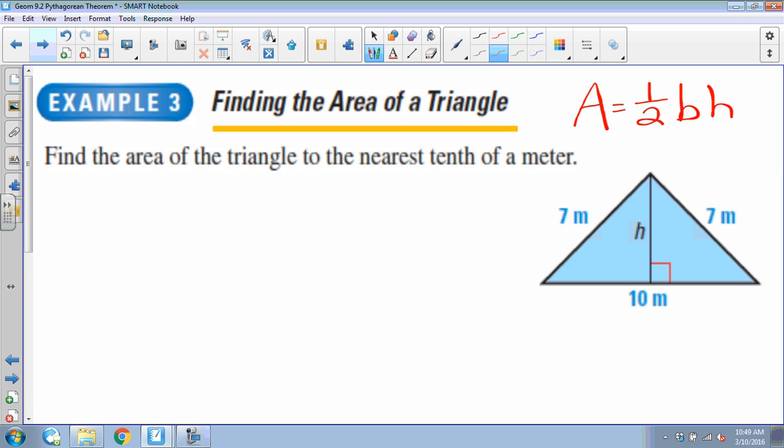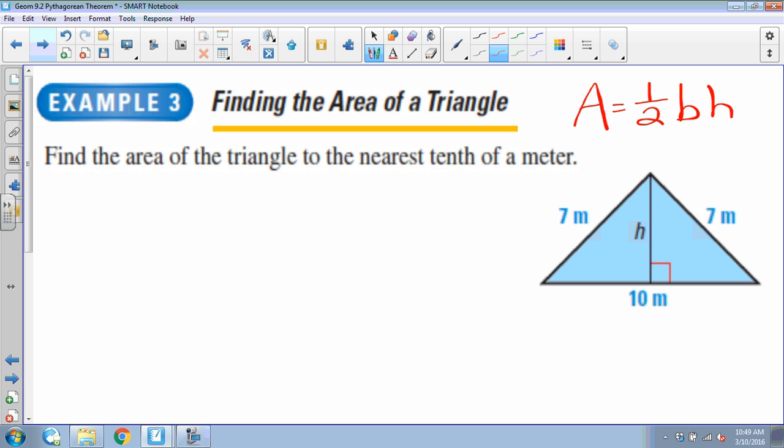Do y'all remember why? Because it's half of a square or rectangle. The area of a rectangle is length times width, which is base times height, and every rectangle can be divided into 2 triangles. So the area of any triangle is half the area of that rectangle. That's how they derived that formula.